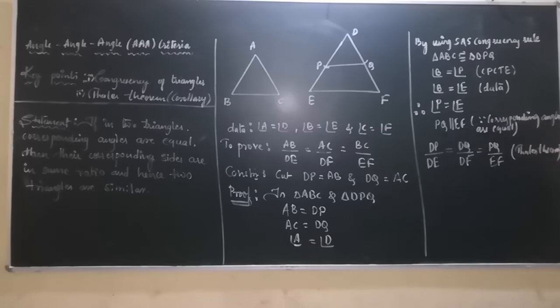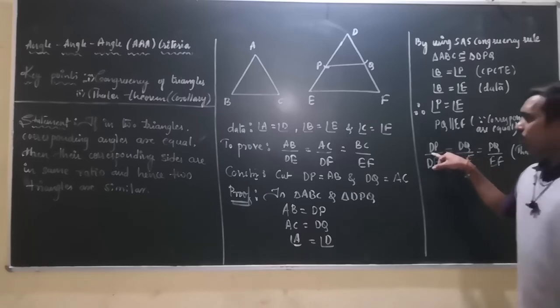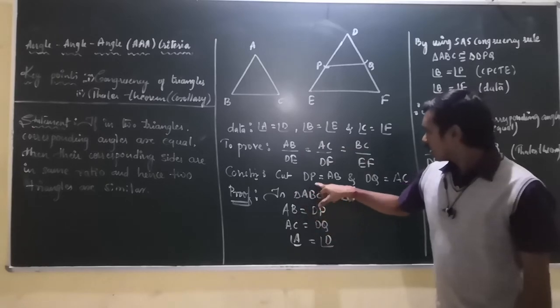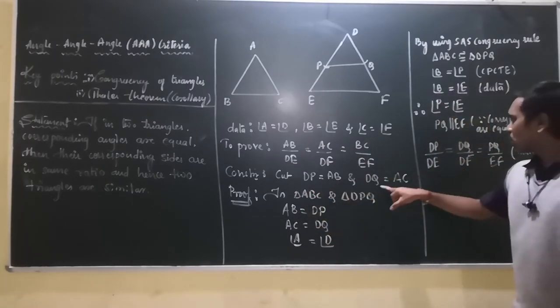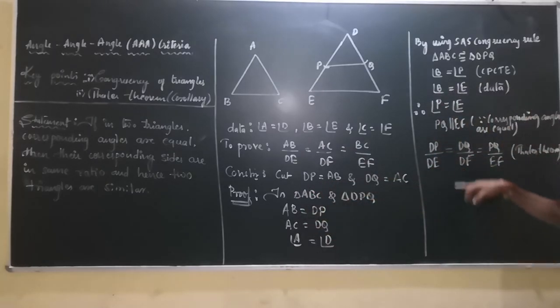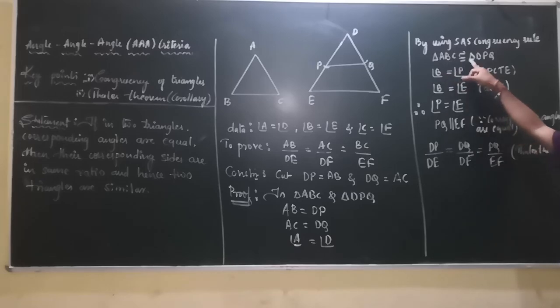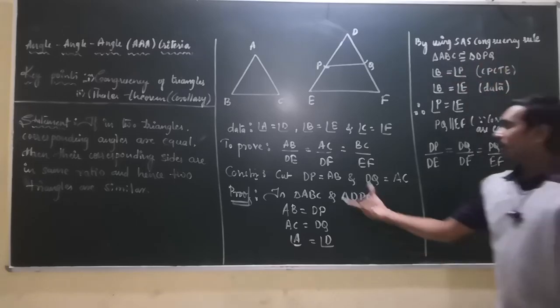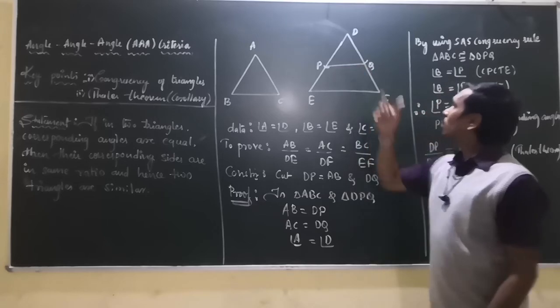Now I already know from the construction that DP is equal to AB and DQ is equal to AC, and I have proved that ABC is congruent to DPQ, therefore BC is equal to PQ.